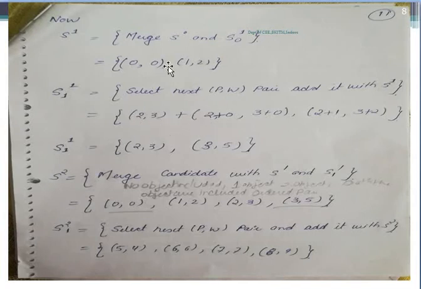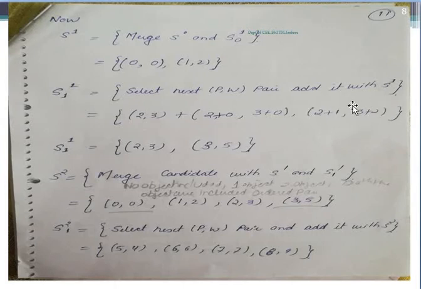If we are adding here, the profit comma weight is 2 comma 3 plus 0 comma 0, and if the first and second objects are both there, what value are we getting? We are getting 2 plus 1, 3 plus 2. So two objects are there in the bag.